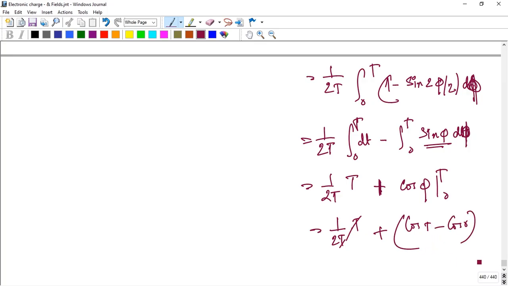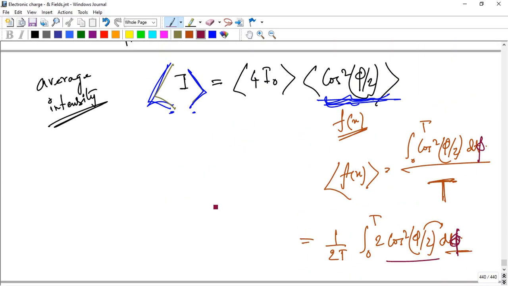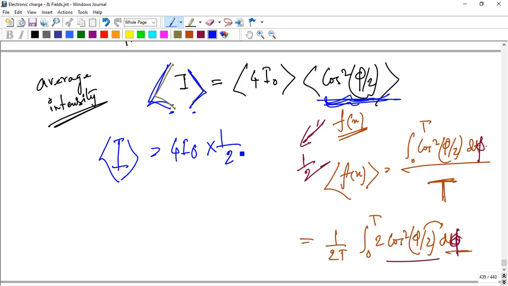So 1 by 2, cos T means cos 2 pi, minus cos 0, which is 1, so 1 by 2 plus cos 2 pi, also 1, minus 1, and that term gives 0. The final answer is 1 by 2. So the average intensity is equal to 4 I naught times 1 by 2, and the 4 cancels to give 2. So the average intensity is equal to 2 I naught.